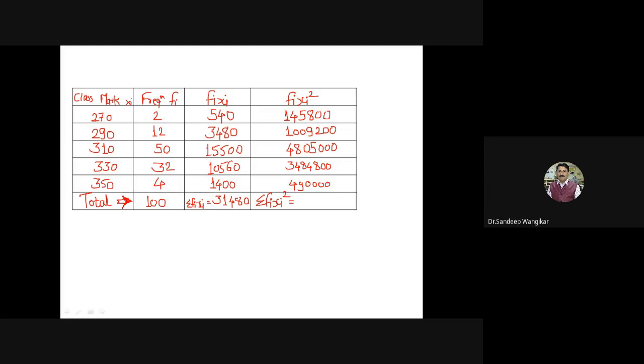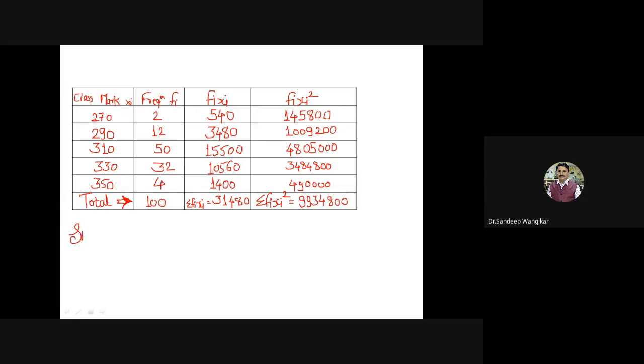Go for addition of these 5. 9934800. Very nice. So now let us go to the formula one by one.